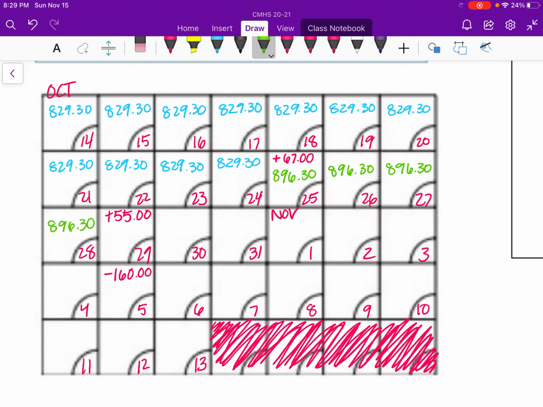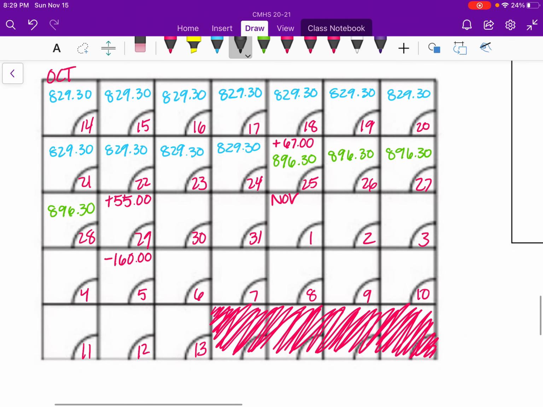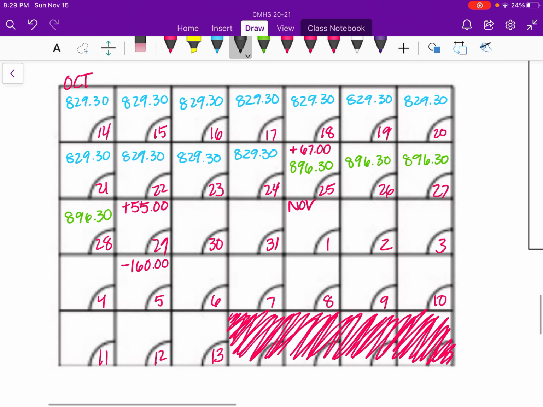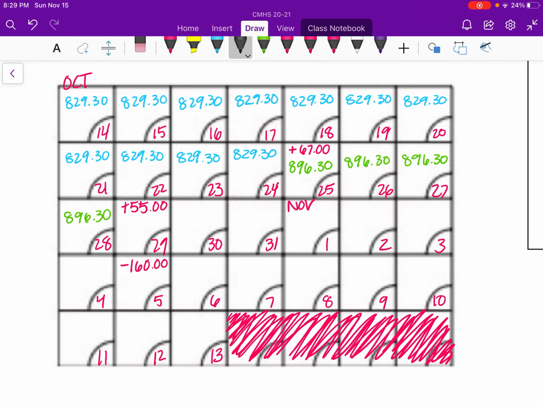So, now we're at October 29th, and we have made another purchase for $55. So, now we add 55 on, which our new total would be $951.30. So, go ahead and fill all those in until the next purchase.